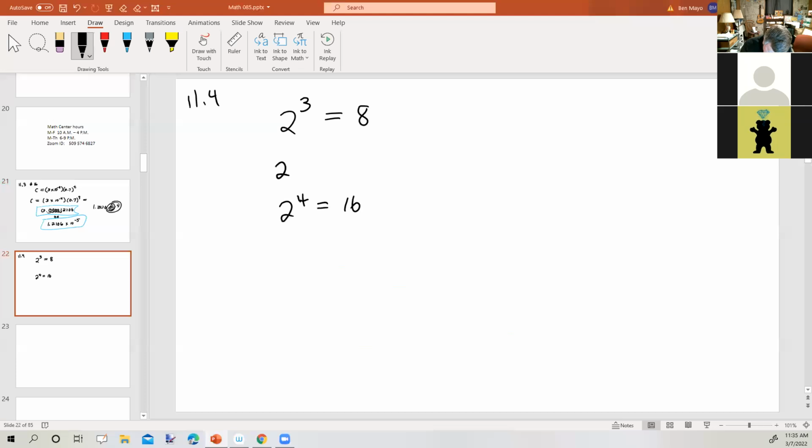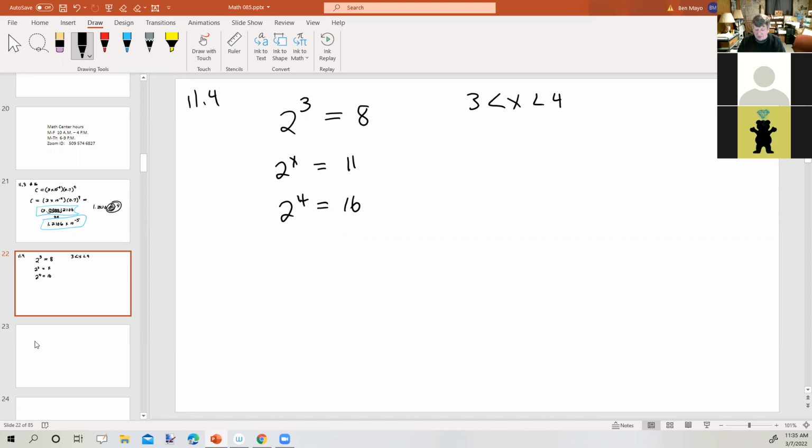So my question is, 2 to what power equals, let's say, 11? Okay. Well, looking at 2 to the 3rd is 8 and 2 to the 4th is 16, x in 2 to the x equals 11 would have to be larger than 3 and smaller than 4. Do you agree with that? Everybody see that? Okay, I'll assume that means yes.